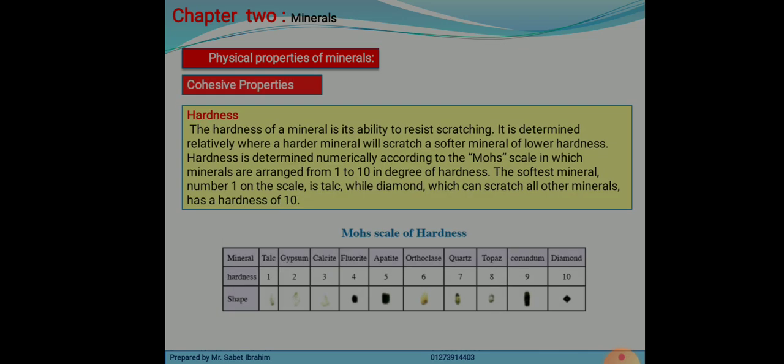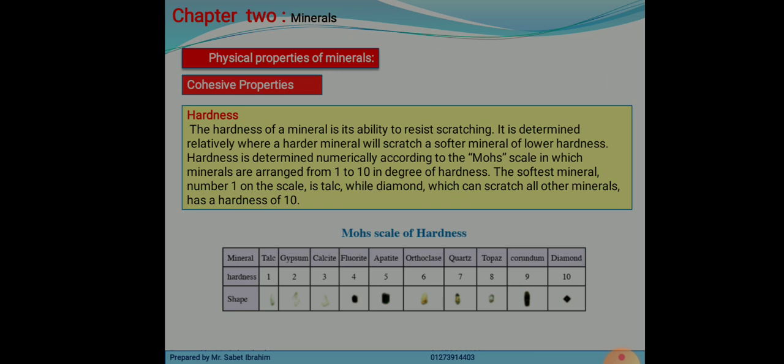And now we are going to the second type of properties, which is the cohesive properties. Cohesive properties, we will take hardness. Hardness of a mineral is its ability to resist scratching. So hardness is the resistance of scratching.